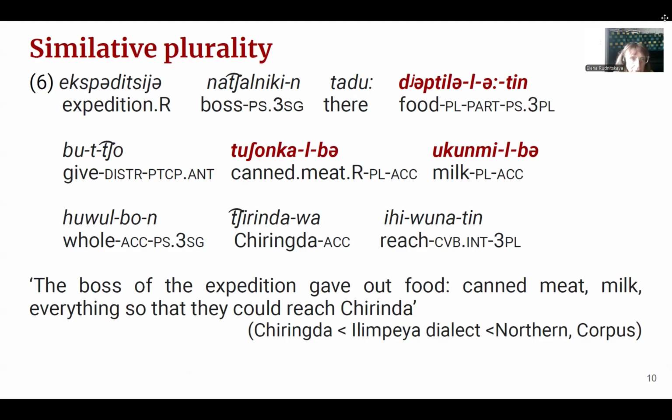So Evenki also has simulative plurality. Here in 6, the conjunction tushonka, canned meat, and ukumni, milk, denote canned meat, milk, and other types of food.